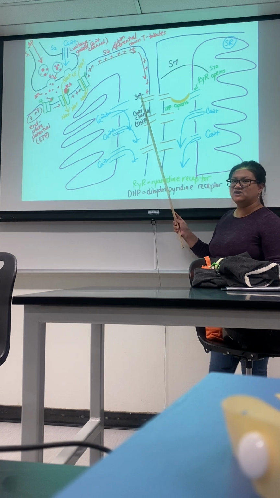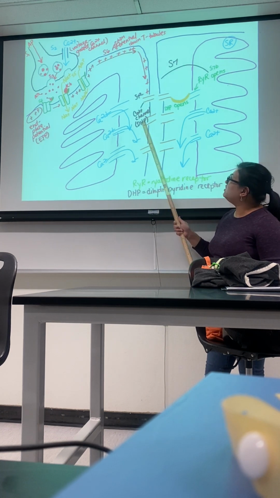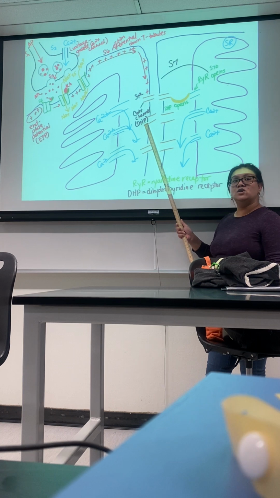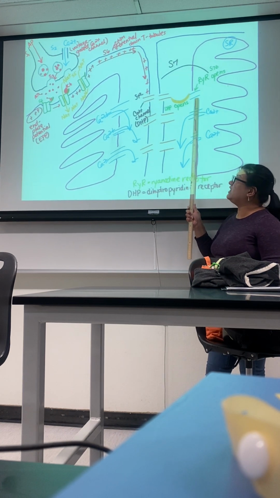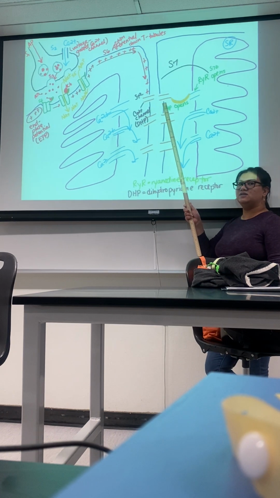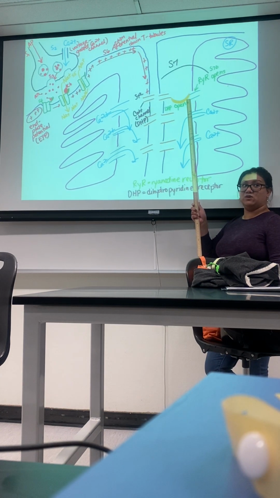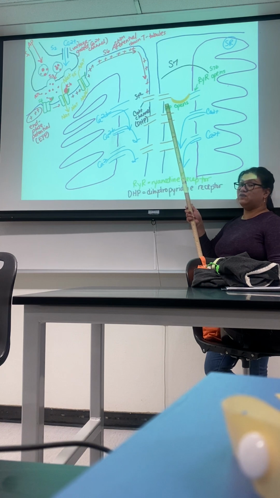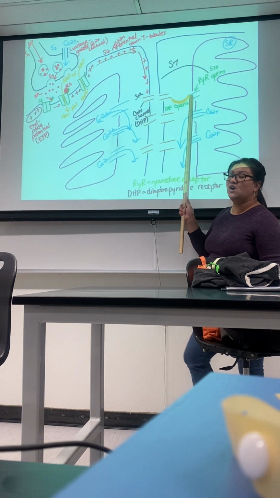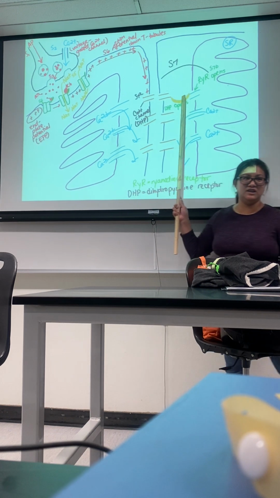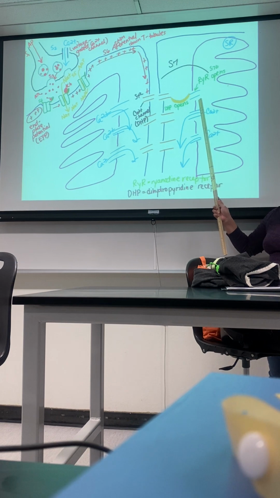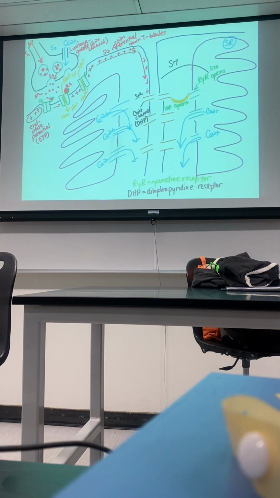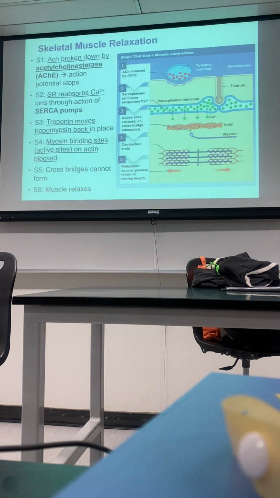And if you don't have an action potential going down the T-tubules, do you open DHPs? No, you close them. And because DHPs are physically attached to RYRs, as soon as DHP closes, your RYRs also close. Does that make sense to everybody? And if your RYRs close, can calcium get out? No. So now you have another problem to solve.